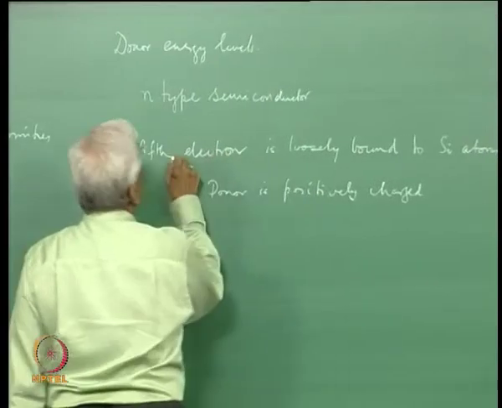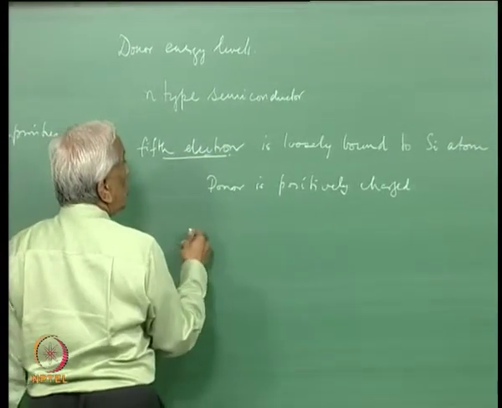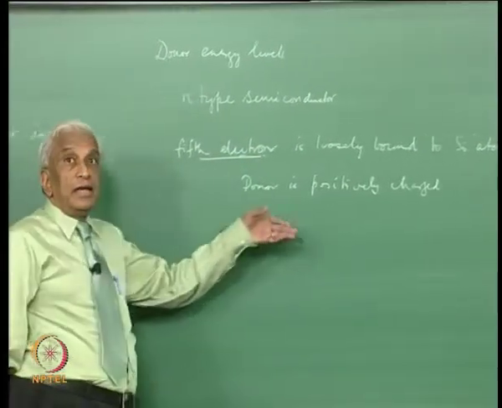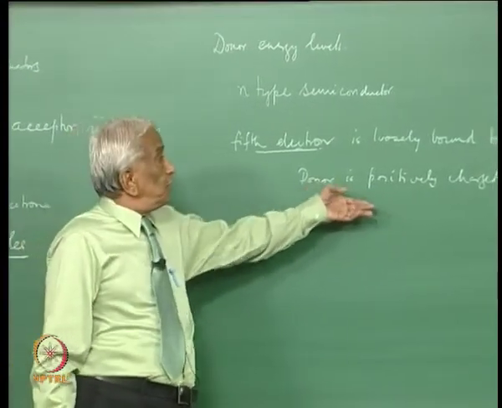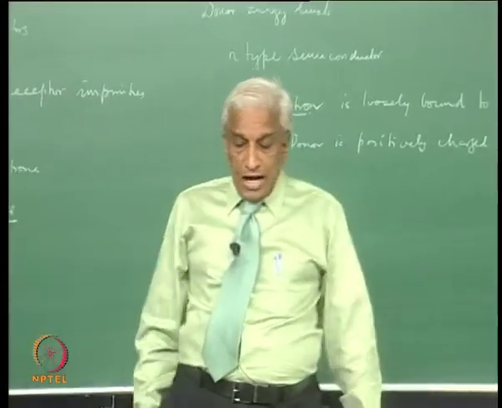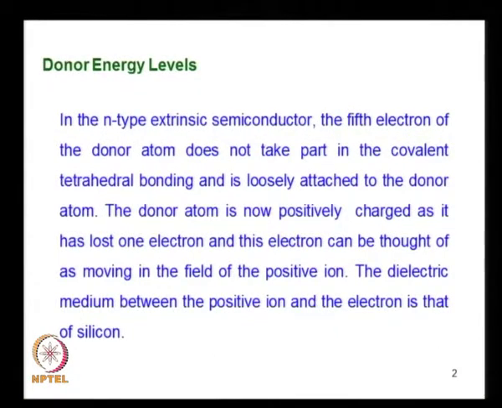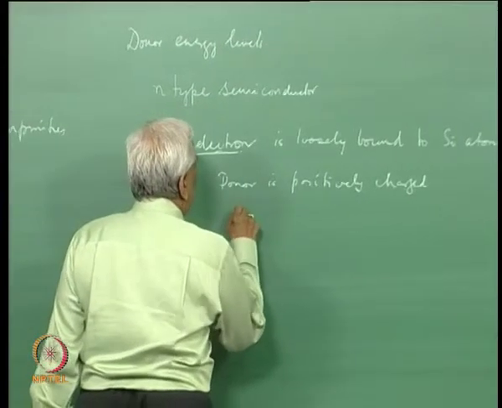This loosely bound fifth electron can be thought of as moving in the neighborhood of this positively charged atom or ion, to be more specific. The dielectric medium in which this motion takes place is that of silicon.